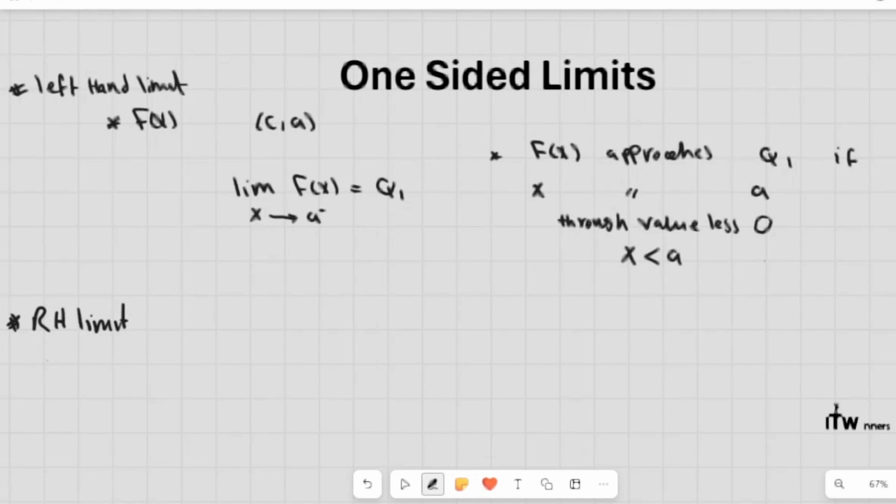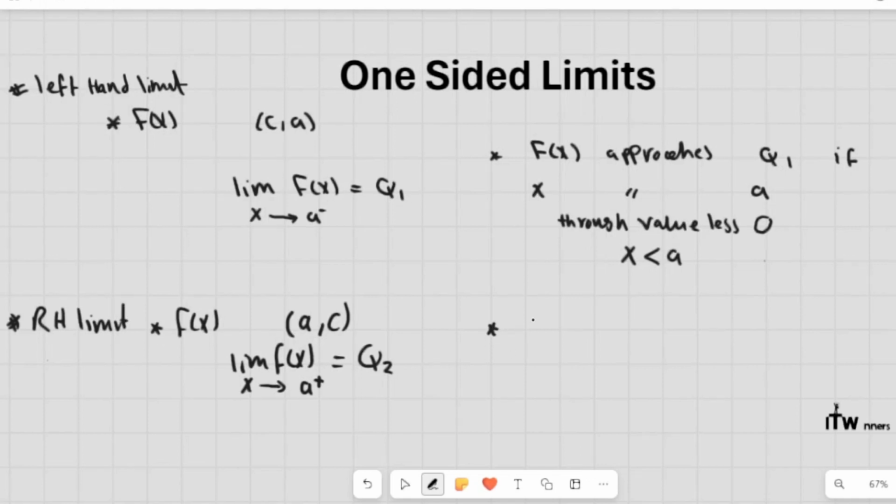So as f of x is a function defined on open interval a to c, then the expression limit f of x equal to q2, and x here approaches a positive.